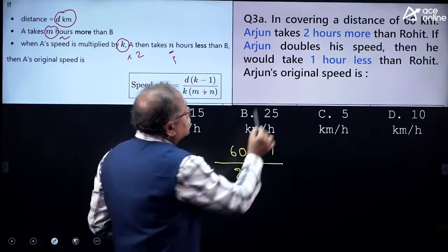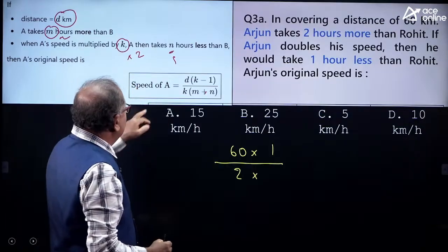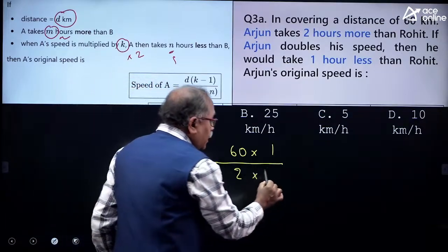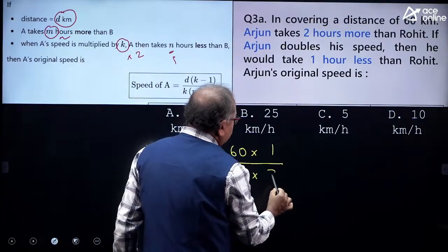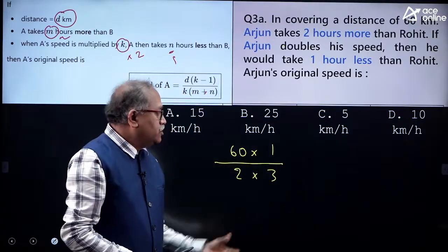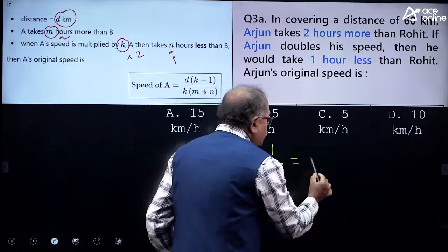In one case it is 2 hours more, in the other case 1 hour less, so m plus n comes to 2 plus 1, that is 3. That's all. You can notice that it comes to 6 here, 60 divided by 6, you get 10 here.